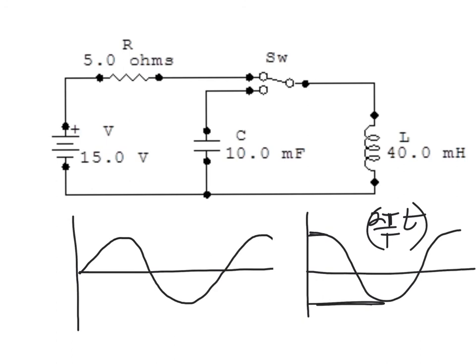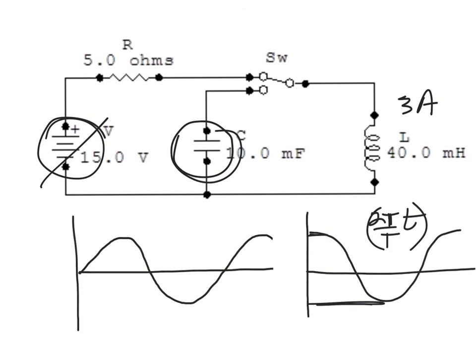Now, we know this starts at 3 amps, but don't make the mistake of thinking that the capacitor is going to charge to 15 volts, because the battery is no longer in the circuit. So how do you get it? Again, remember the energy equation. 1/2 C V max squared, that's the energy when it's on the capacitor, equals 1/2 L I max squared.